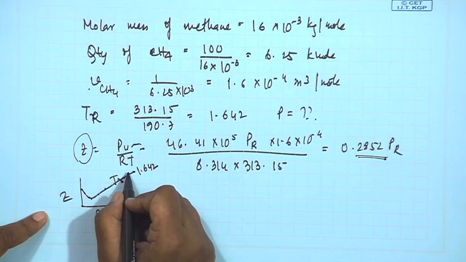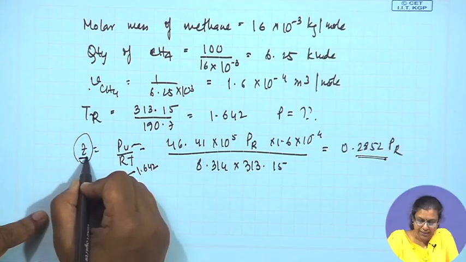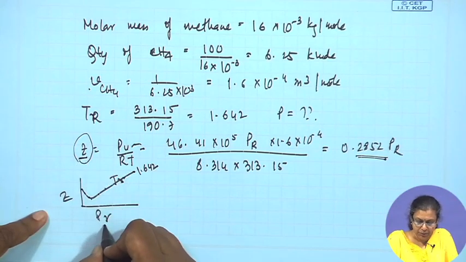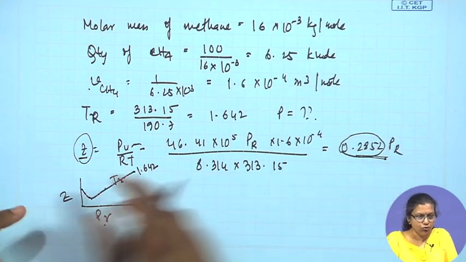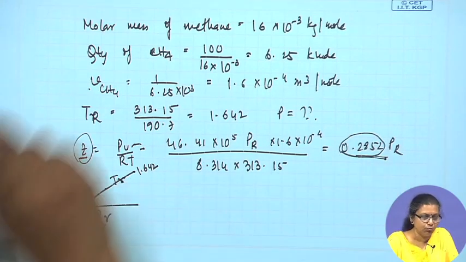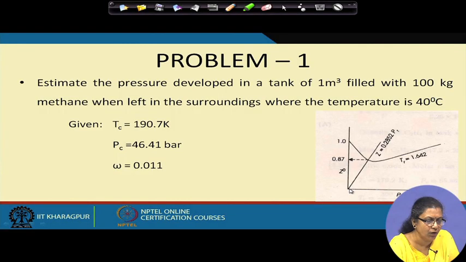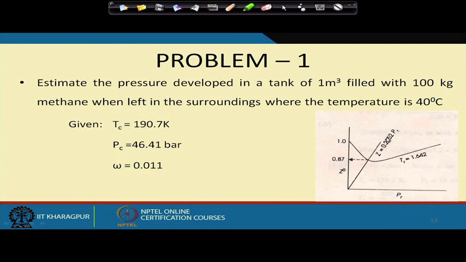But at the same time, you know something else. You know that Z has a linear relationship with PR as well, with the slope of 0.2852. So, the best way is to draw a straight line from the origin with Z equal to 0.2852 PR, and you see where it intersects with the isotherm at Tr equal to 1.642.